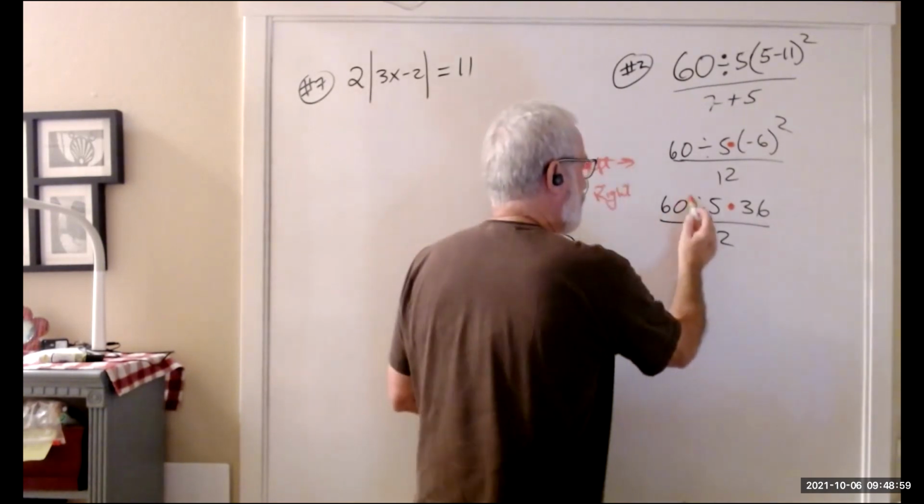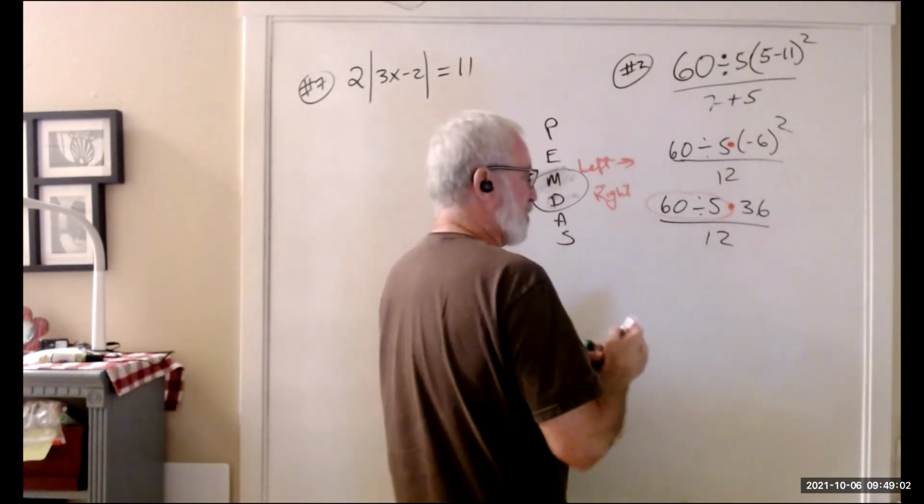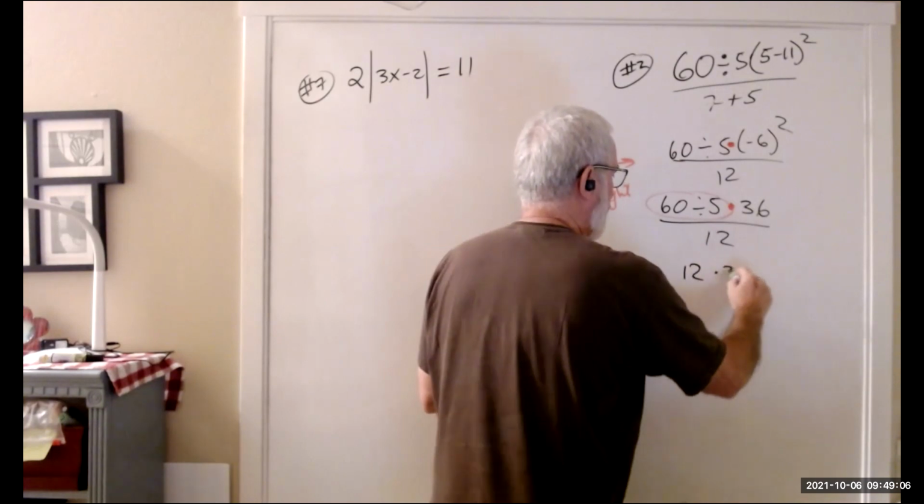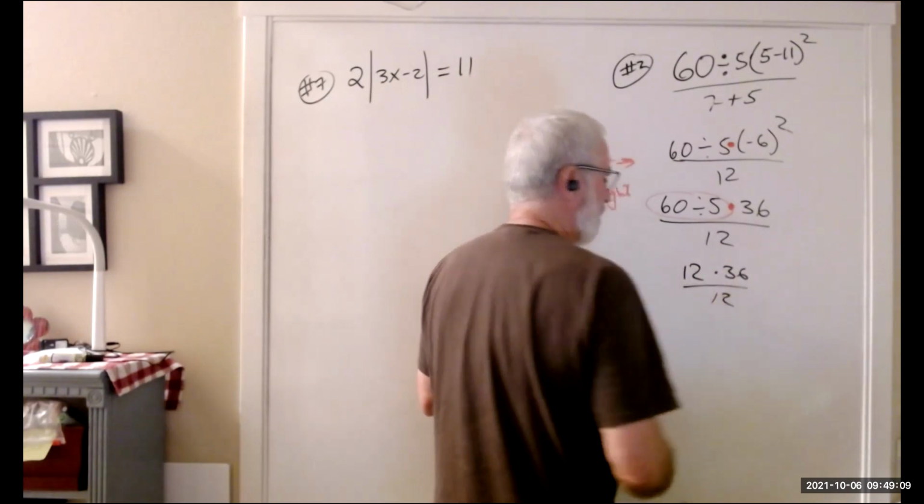So left to right means you do these two first. So you get 60 divided by 5 is 12 times 36 over 12.